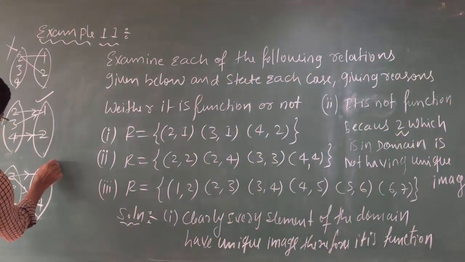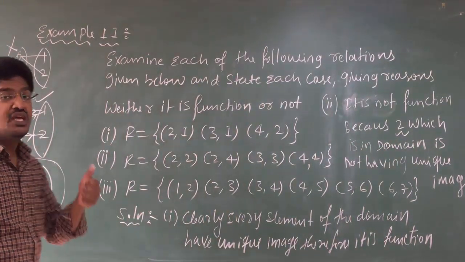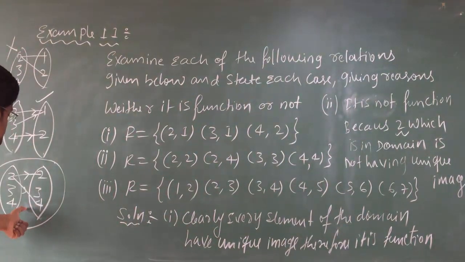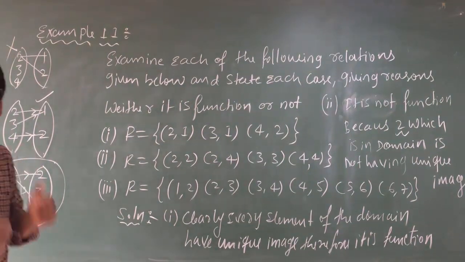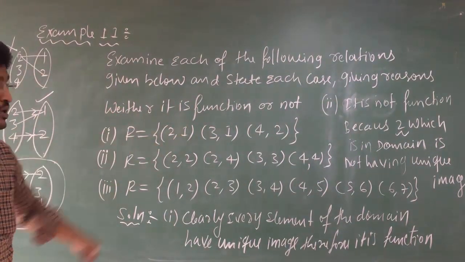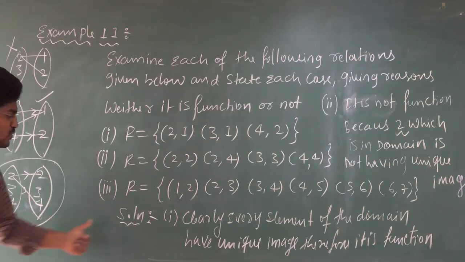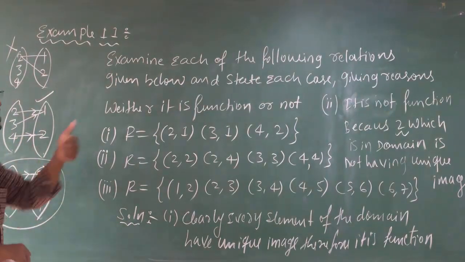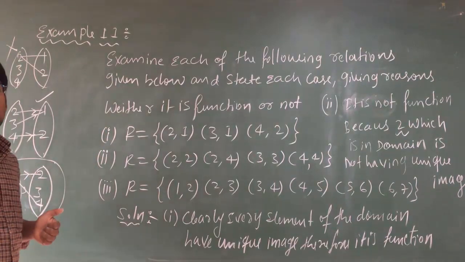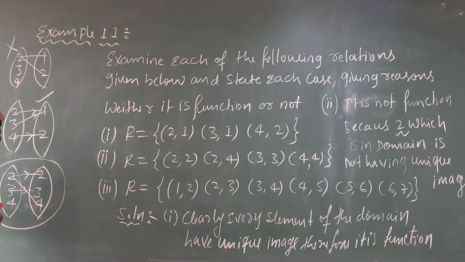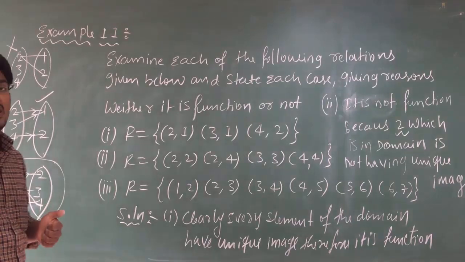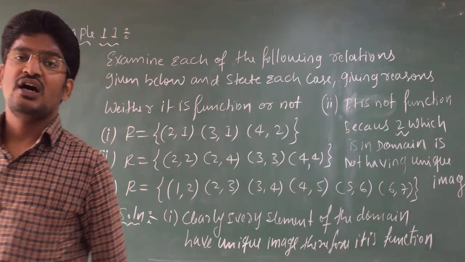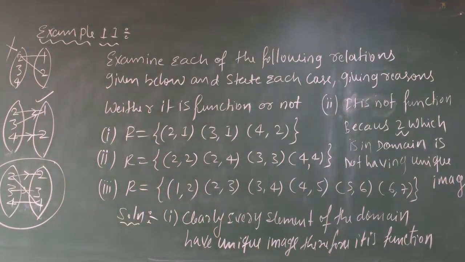Here if you write this diagram, it's very good because the answer is no. If you write this arrow mark, then it's very good and fine. But with the first one, there is no need of this arrow mark. Clear? For the second one, you write this arrow mark. 3 maps to 3, 4 maps to 4.